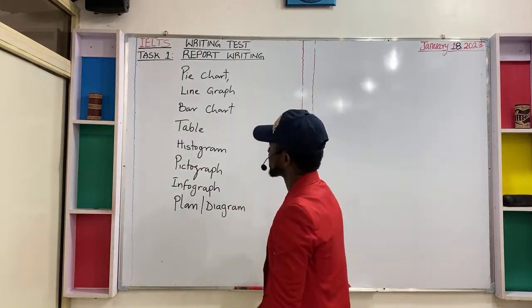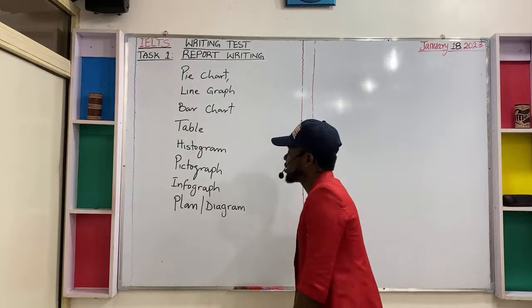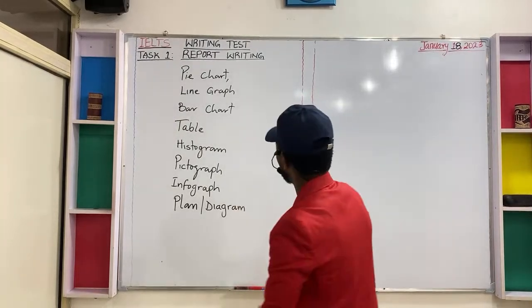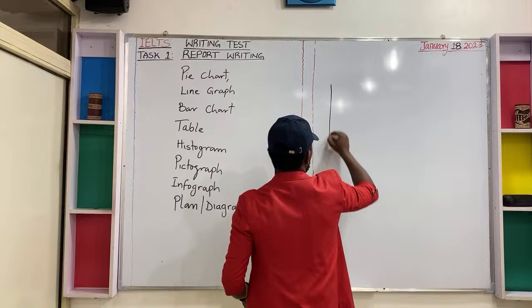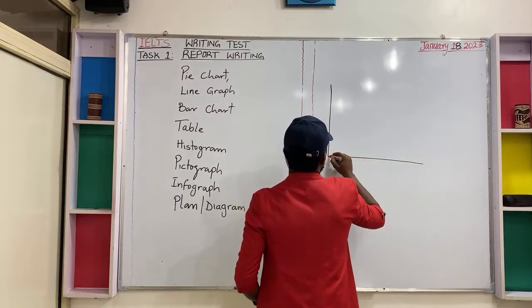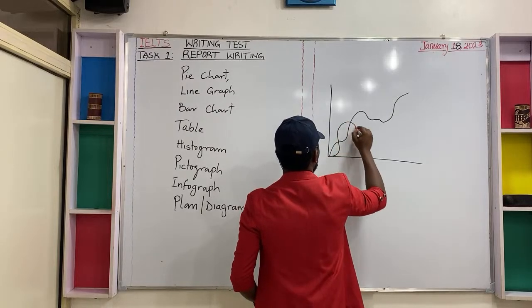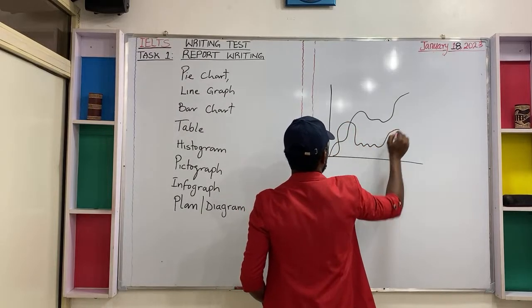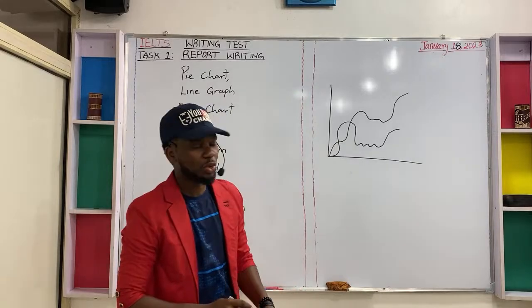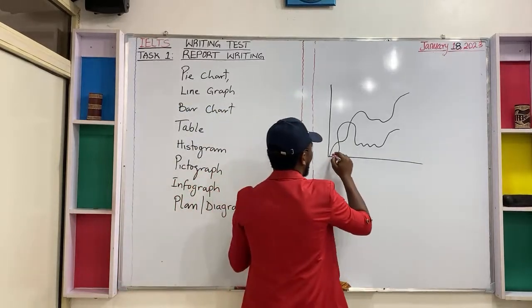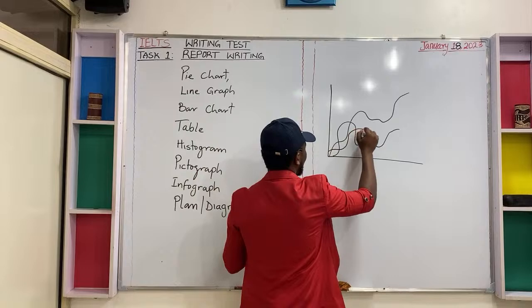Line graph. For a line graph, you will see a kind of graph that has lines, and they are going to have different designs.